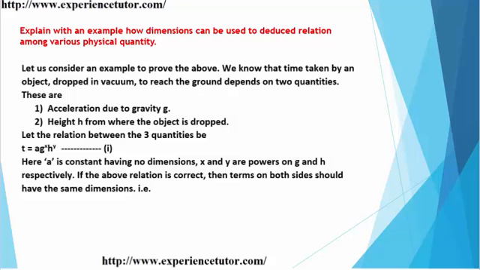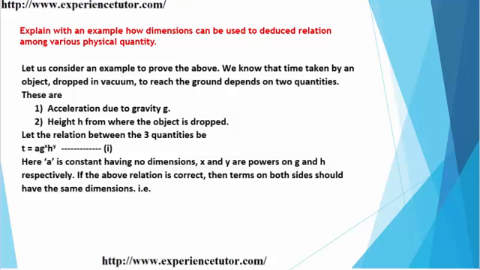Explain with an example how dimension can be used to deduce relationships among various physical quantities. Let us consider an example to prove the above. We know that the time taken by an object dropped in vacuum to reach the ground depends on two quantities. These are acceleration due to gravity g, and second, height h from where the object is dropped.